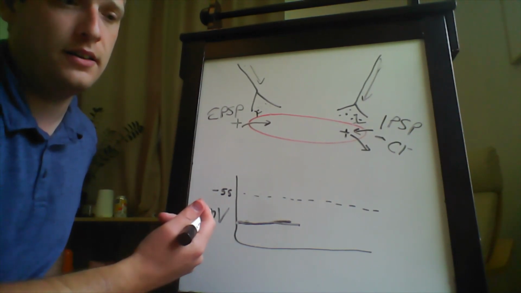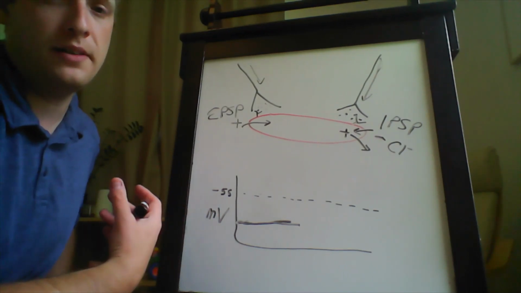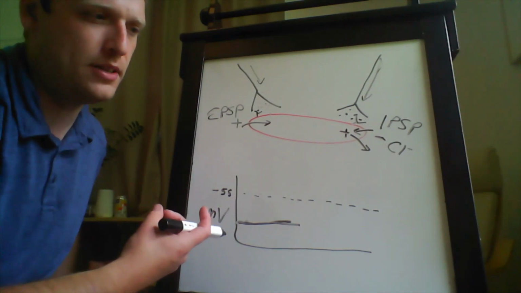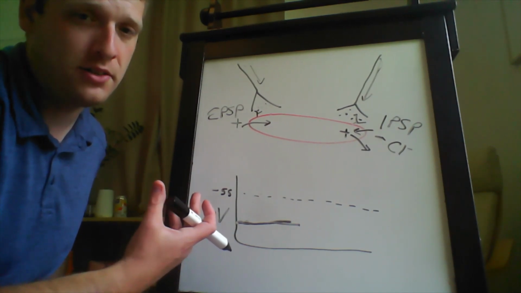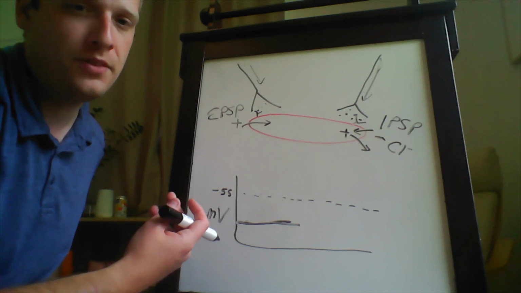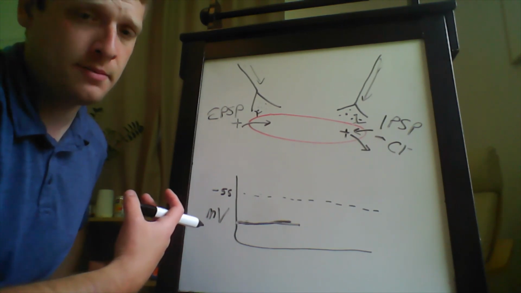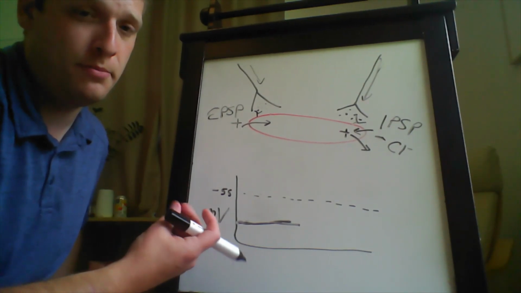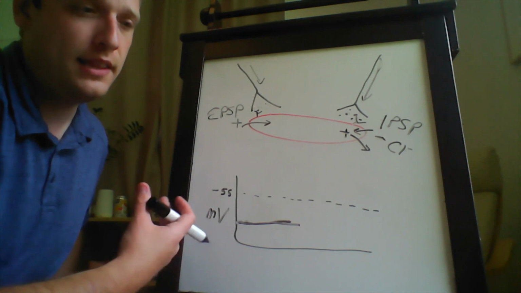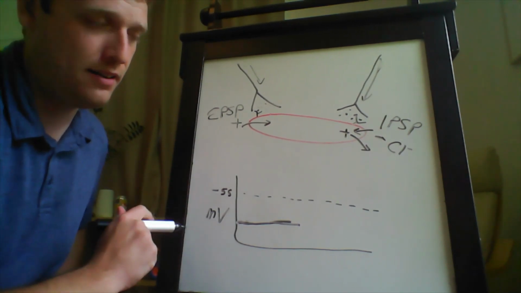And inhibition has its place in the nervous system as well. At certain times, let's say you want to have some movement from a group of muscles, and you want to excite those muscles that are responsible for that movement. Well, as you will learn in lab next semester, there are muscles that oppose the movement of other muscles that need to be inhibited at the same time as the other ones are being stimulated.